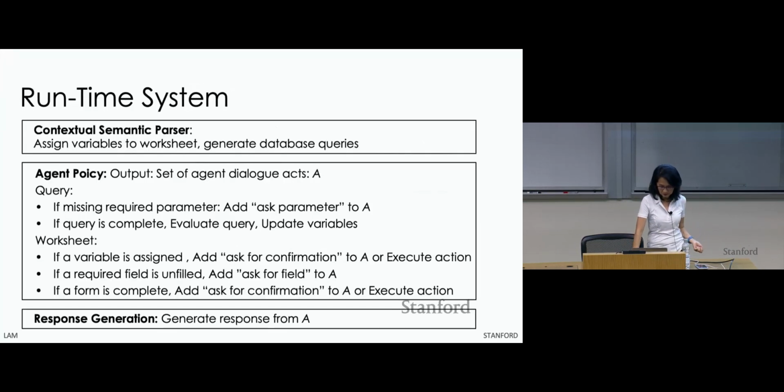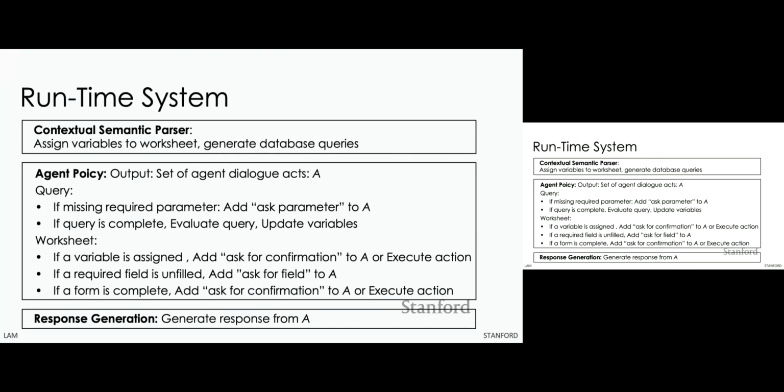Okay. And roughly, this is what the runtime does. The semantic parser, when the user says something, assigns the variables to the worksheet and generates the database queries. The agent policy decides what to do. It checks all the queries. If they are missing a required parameter, it will add ask parameters to the list.